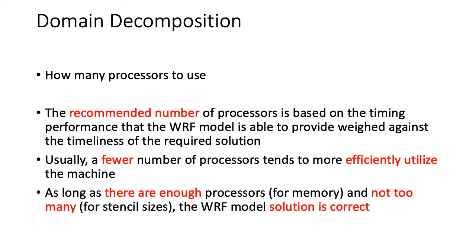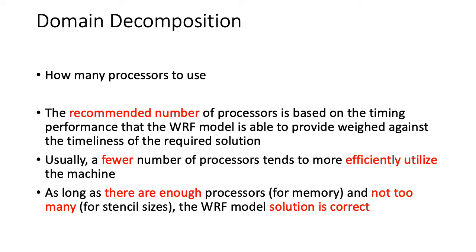As long as there are enough processors and not too many processors, then the WRF solution is considered correct. There may be bit-for-bit differences, but you can get identical solutions if you turn off optimizations that do not depend on the processor counts.